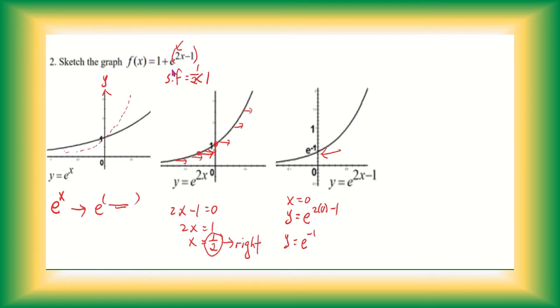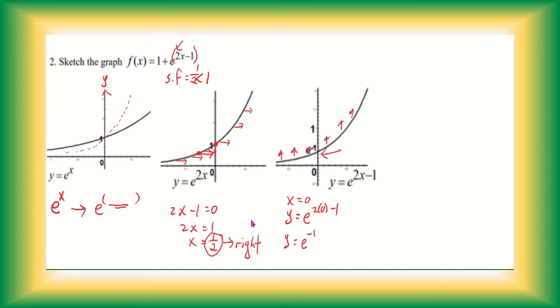So +1 means translation for the y transformation. For y translation, positive is going up, negative is going down. Since this one is positive, we need to shift the whole curve up for 1 unit.